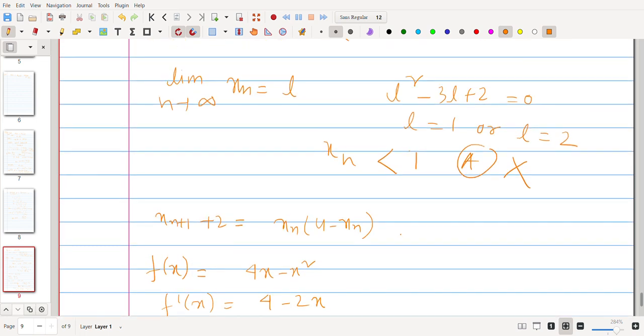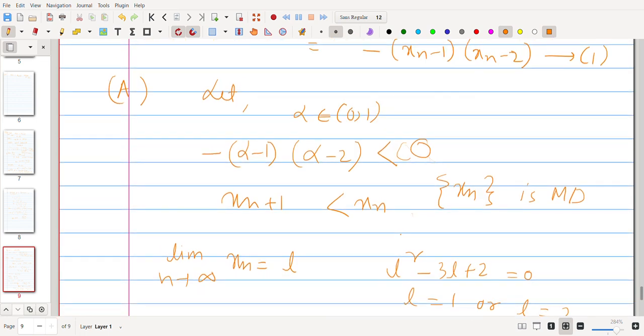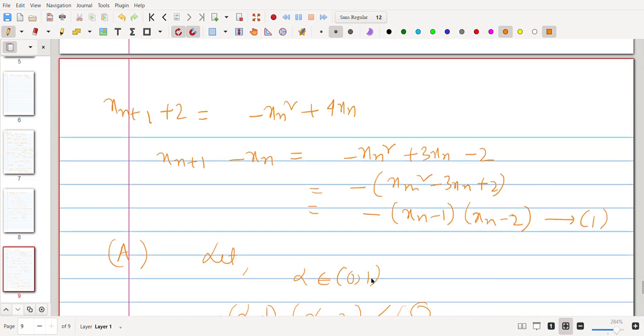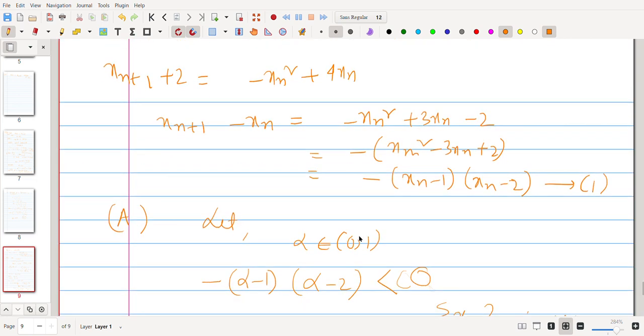Now if we choose this thing, we can see that x_{n+1} minus x_n is greater or equal to 0.